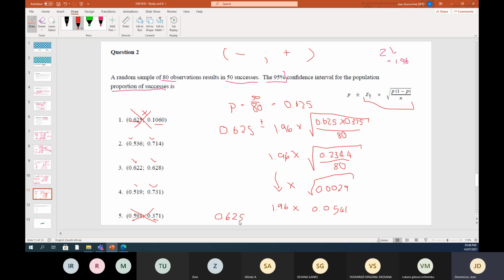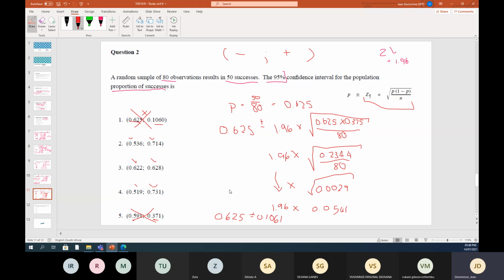So it's 0.625 plus minus 0.1061. So again, depending on how we would have rounded off, that could now be 0.1061 or 0.1060.